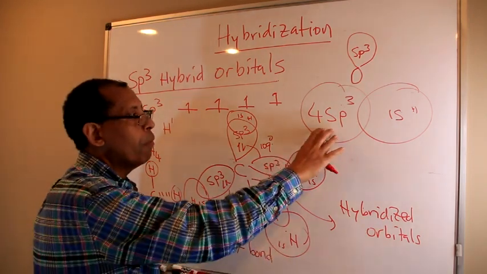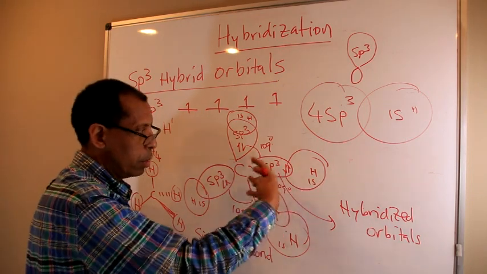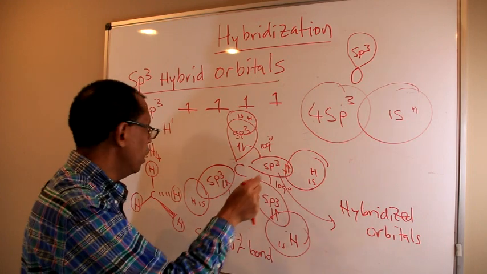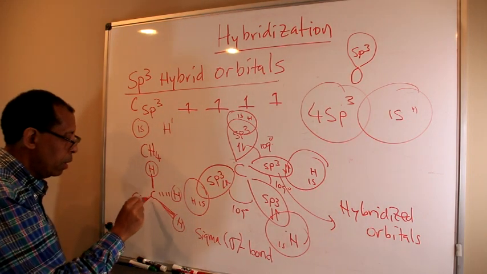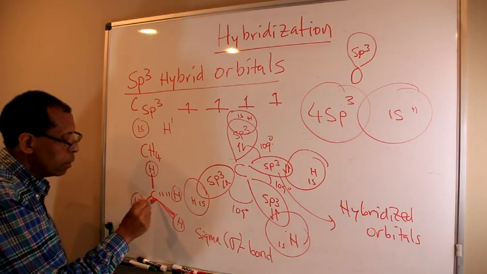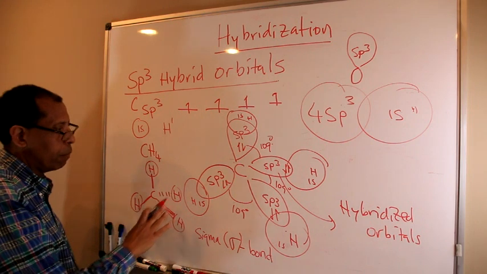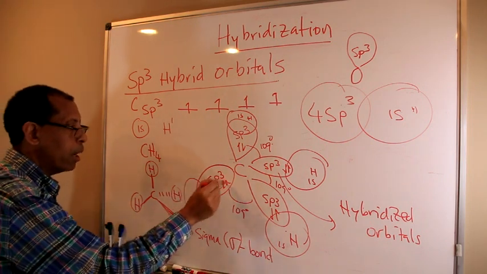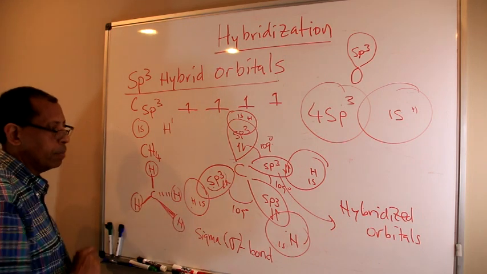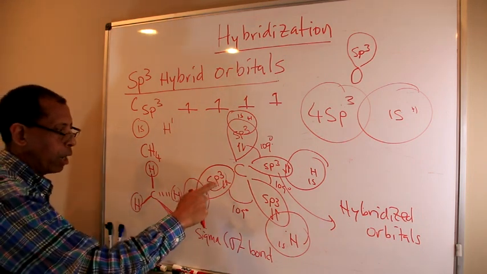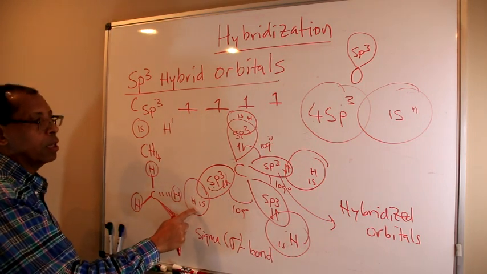So the overlap of an sp3 with a hydrogen when it comes in to make a bond, that is a sigma bond. So remember, this is a sigma bond, this is a sigma bond, this is a sigma bond, this is a sigma bond. They are made from the overlap of 1 sp3 with 1s to make this bond.